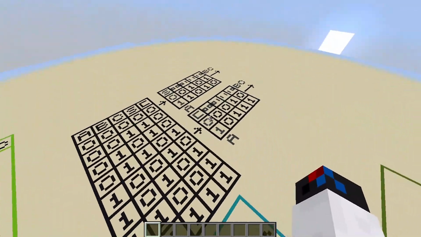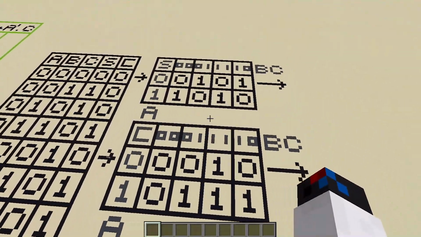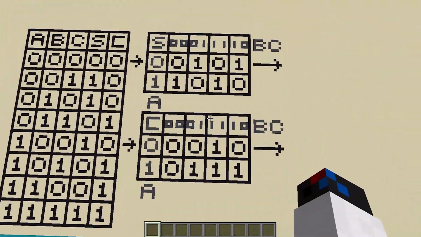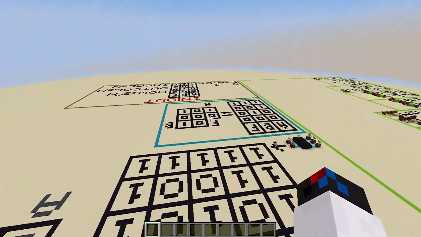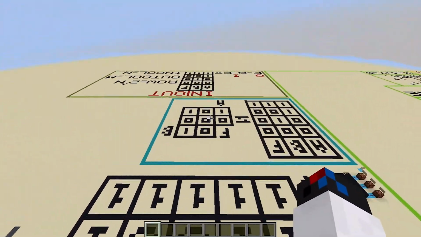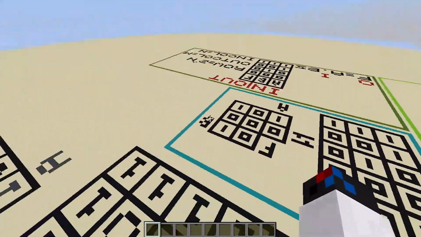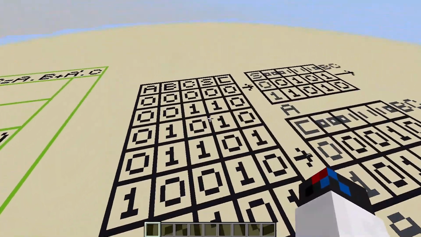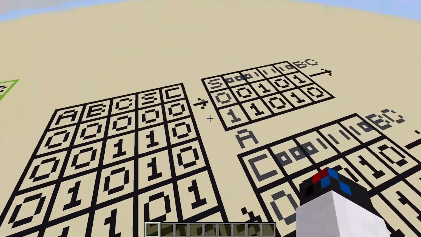Or you can use Karnaugh maps to simplify the Boolean functions down, and I am going to teach you how to do Karnaugh map simplification. Now if you remember from Karnaugh maps, we can turn a truth table into a Karnaugh map, and each of the functions can be described using a Karnaugh map. In this case, we have two functions, so we need two Karnaugh maps.